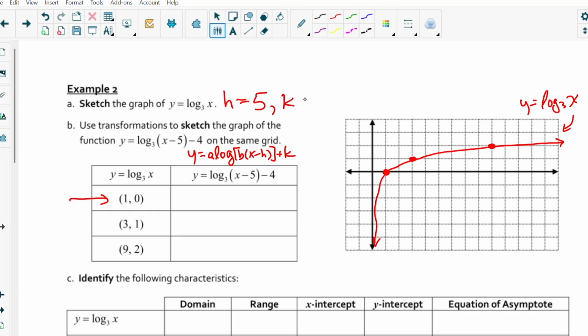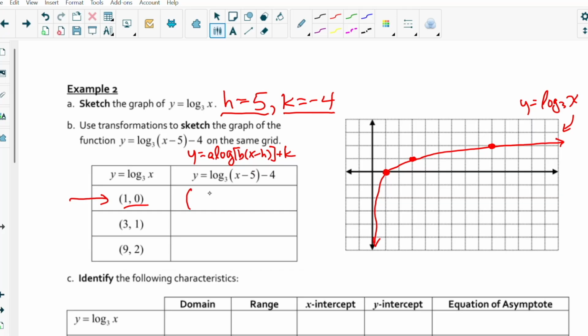What's my k value? Plus negative 4, so k must be negative 4. This is a horizontal translation, 5 units right. This is a vertical translation, 4 units down. So let's apply that to our point (1, 0). We don't have any stretches or reflections. This is just two translations.